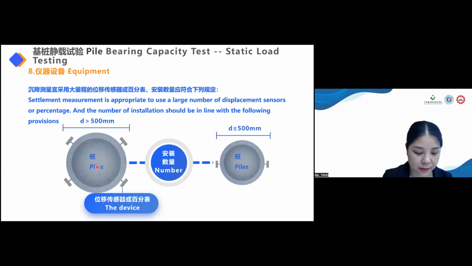For displacement sensors or dial gauges, they should be installed 1D, no less than 500 millimeters. 1, 2, 3, 4 is the displacement sensors or dial gauge device.